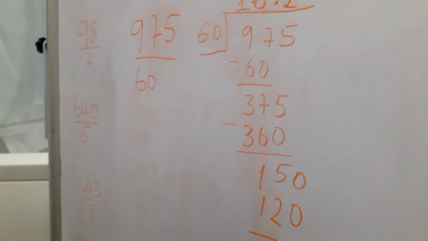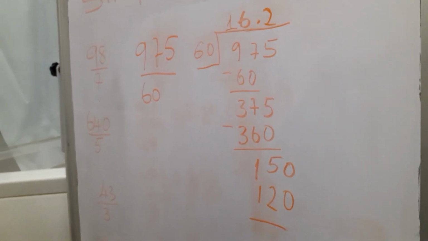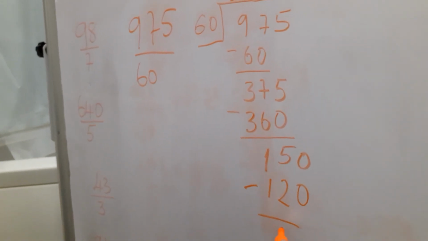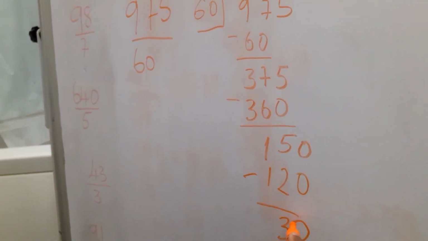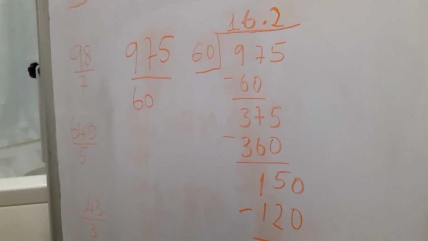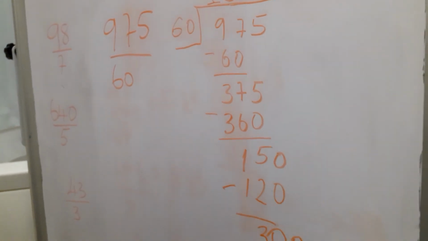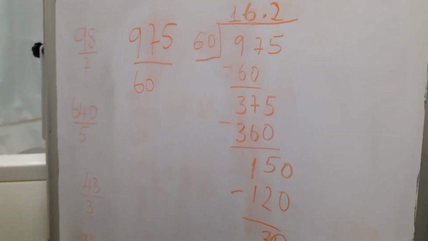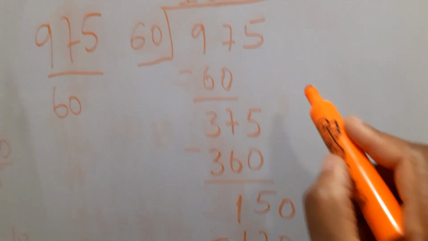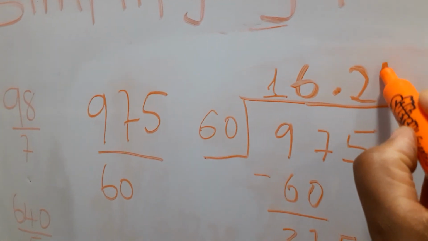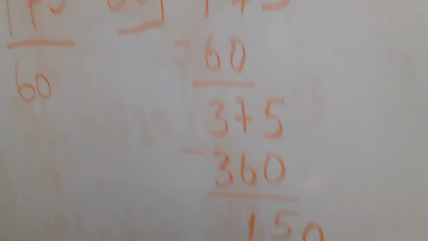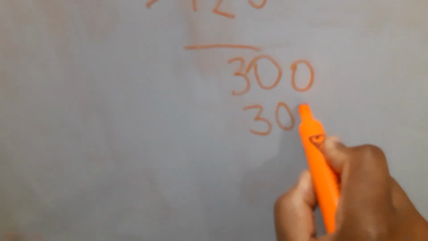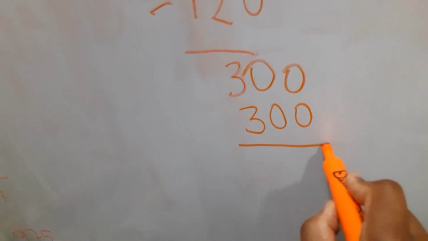And 150 take away 120, that will give us 30. And if we add our 0, 300, we know that 5 times 6 will give us 30. So we will put here 5, and here 300. So 5 times 60 is 300.